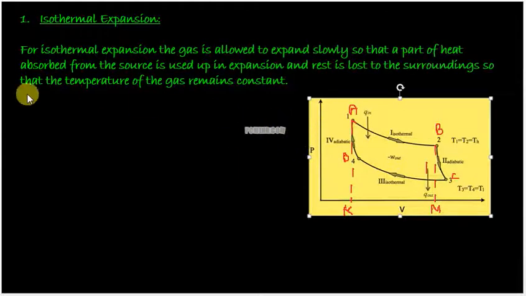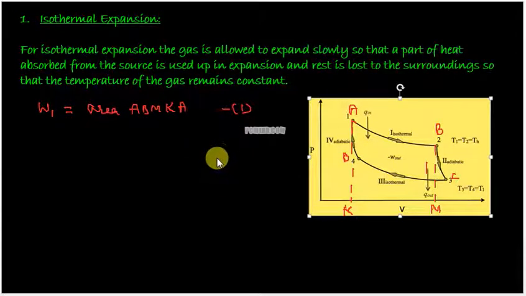So that Q1 which we calculated as RT1 log of V2 by V1 is equal to the area under this curve. So we can write that W1 is equal to the area of A, B, M, K, A. That's equation number 1. Now let's go to adiabatic expansion.